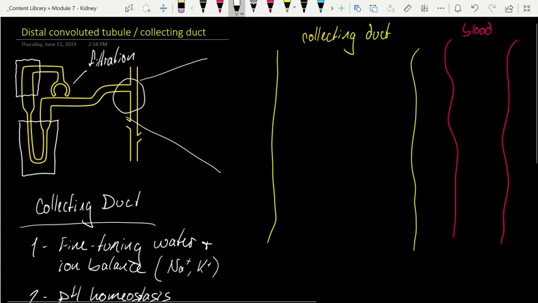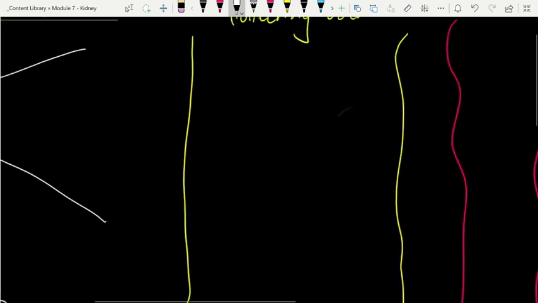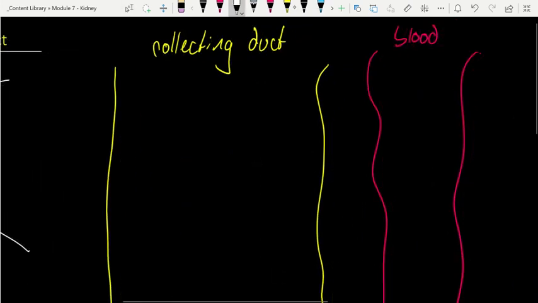And to do that, let us come in and examine this cell right here called the principal cell. We'll write it over here. The principal cell is responsible for water and salt.